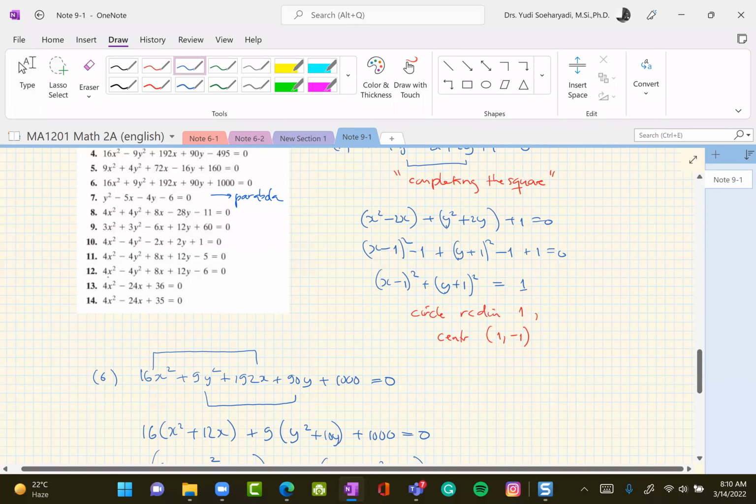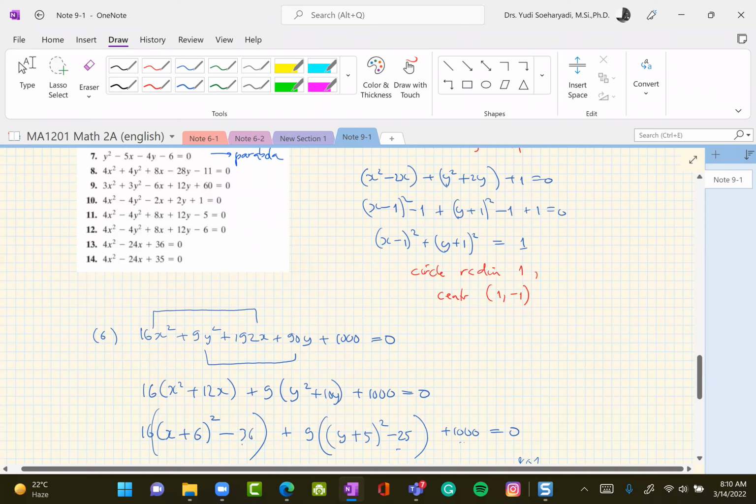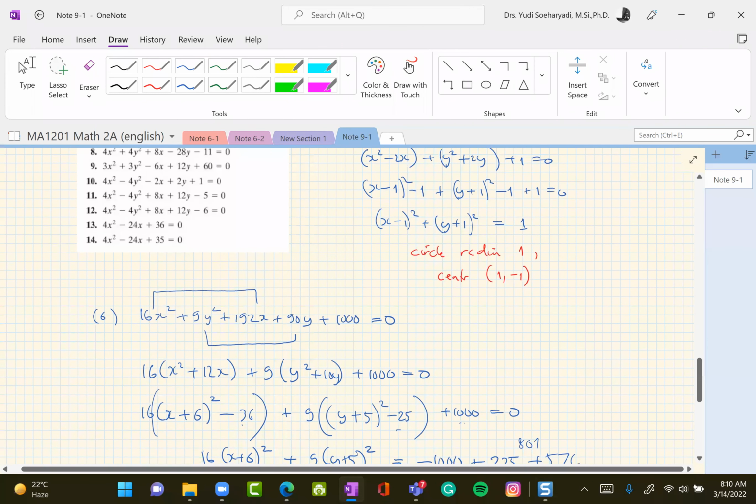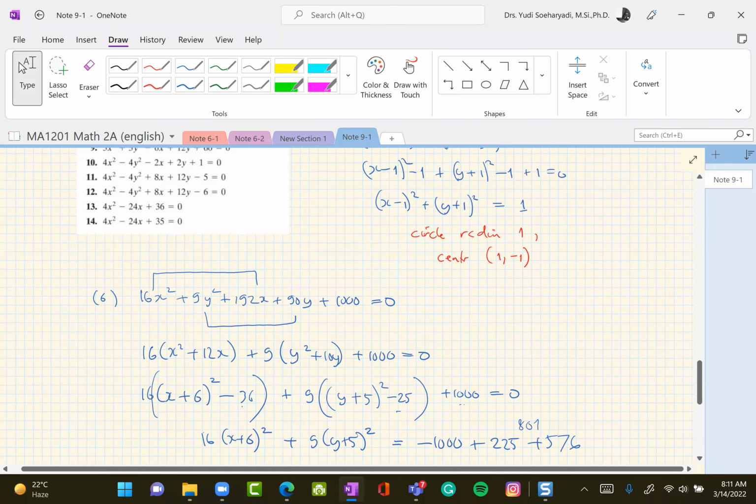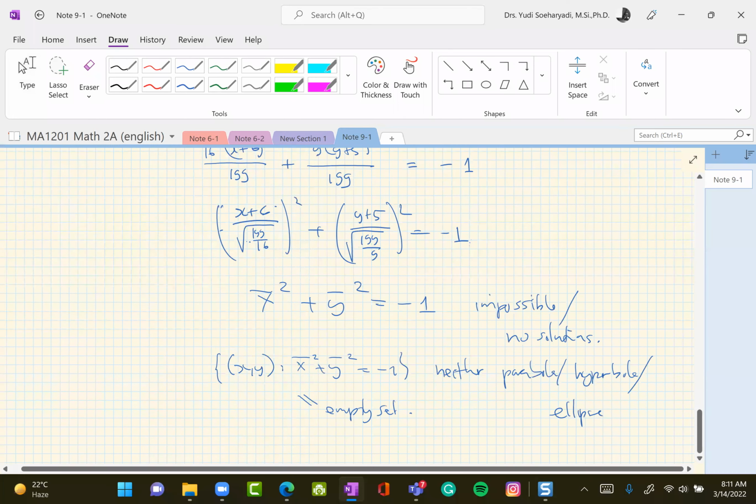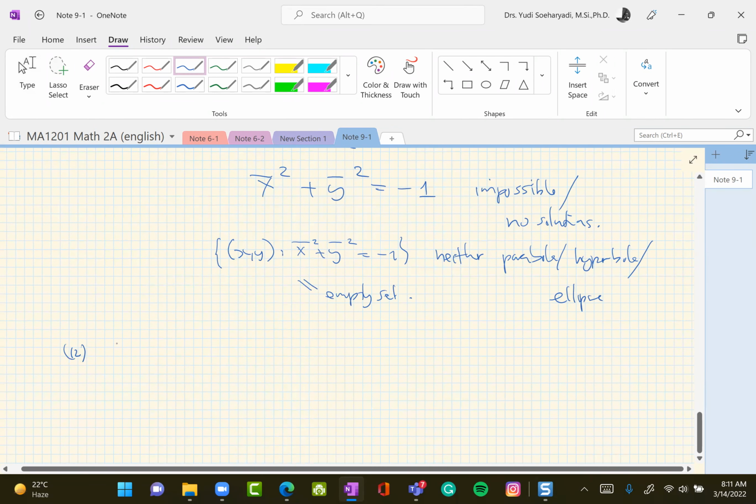For example, 12. So 4x squared minus 4y squared plus 8x plus 12y minus 6 equals 0.